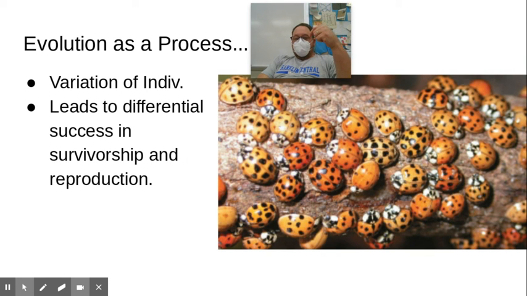Another point, sort of going back to evolution as a process, is that there's differences in every population. Okay, all organisms are unique. So some organisms will have variations or adaptations that make them more likely to survive and reproduce. So again, over time, the population will change or evolve to better suit the demands of that particular environment.